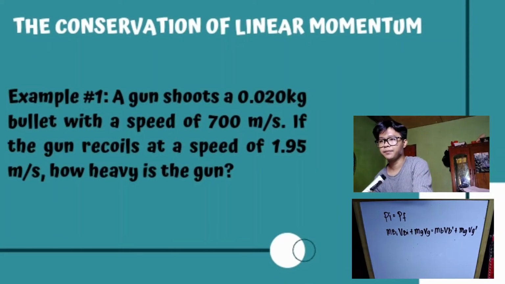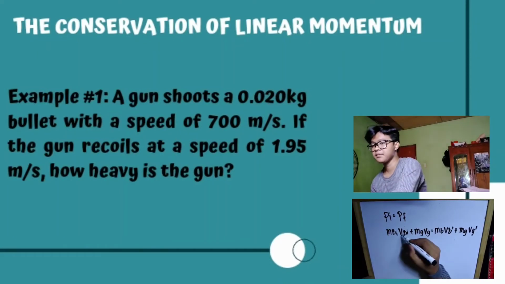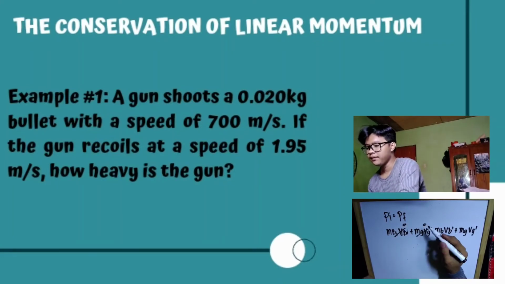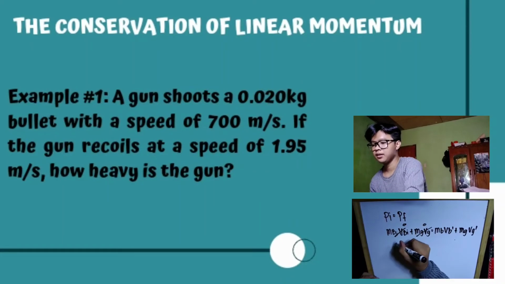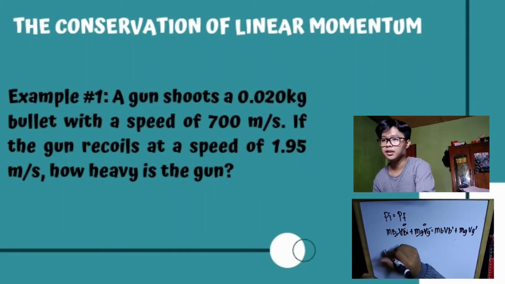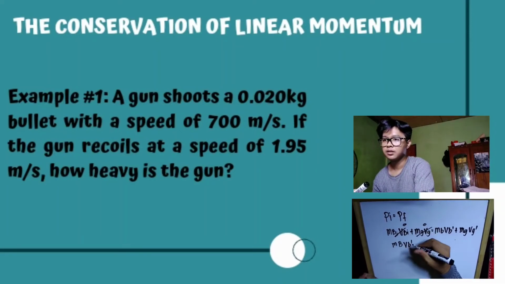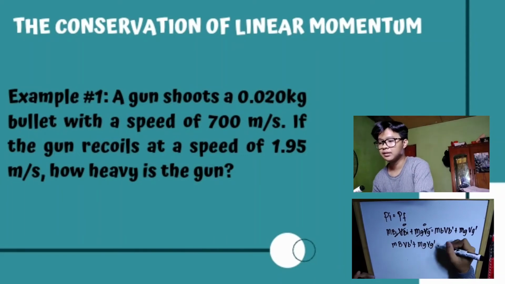Our initial velocity is 0, so we can cancel these. They are 0. So what remains is MB VB prime plus MG VG prime.